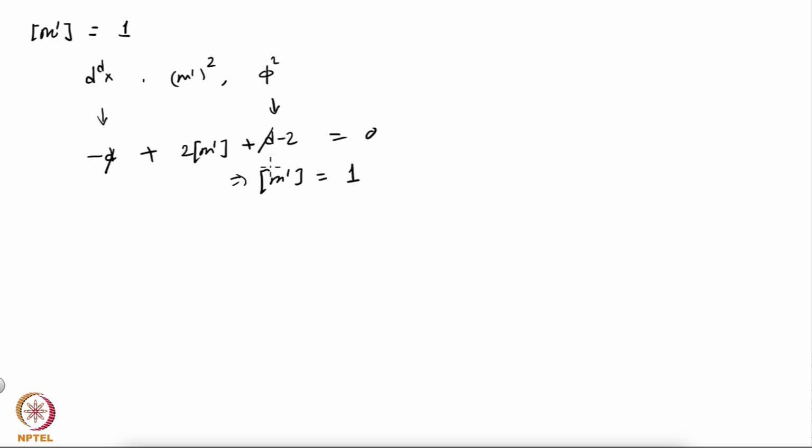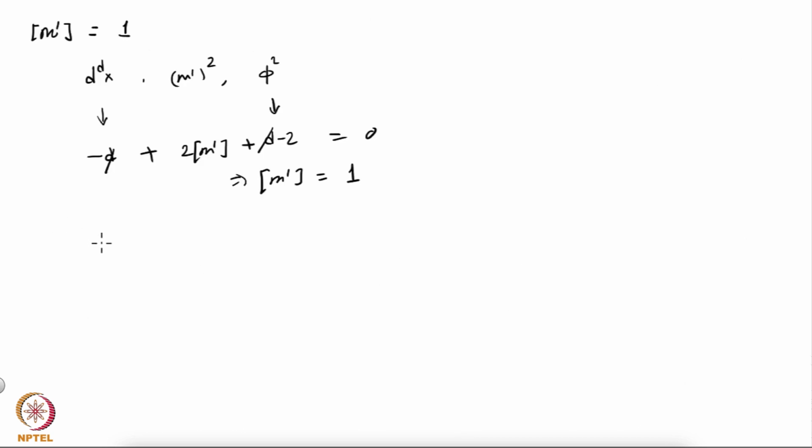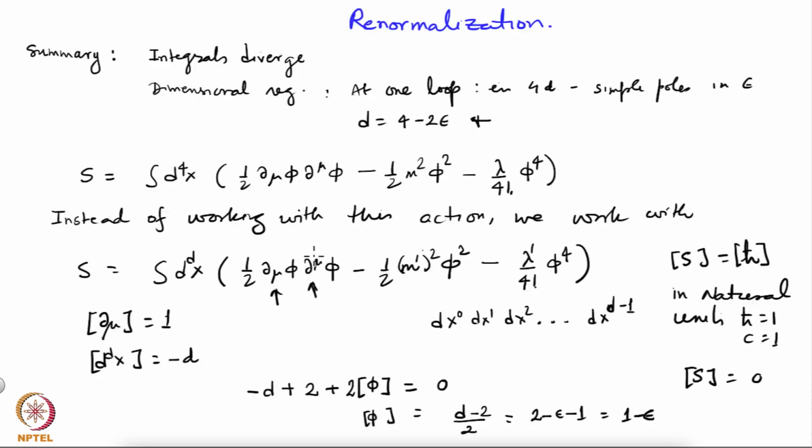so from this the dimension of m prime is 1. Now let's look at lambda prime. Remember, lambda prime, or equivalently lambda in 4 dimensions, used to be dimensionless. Let's see what happens when you go to d dimensions, whether lambda prime is still dimensionless. Again d^d x gives you minus d, plus the dimension of lambda prime, plus phi to the 4, so 4 times d minus 2 over 2, because each phi has dimension d minus 2 over 2 from here.